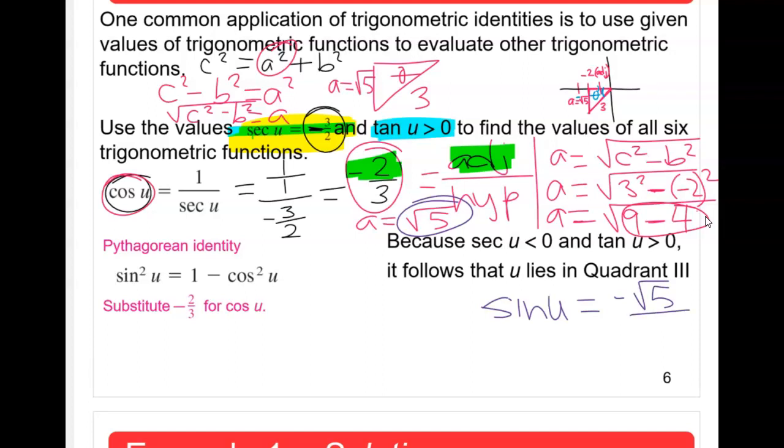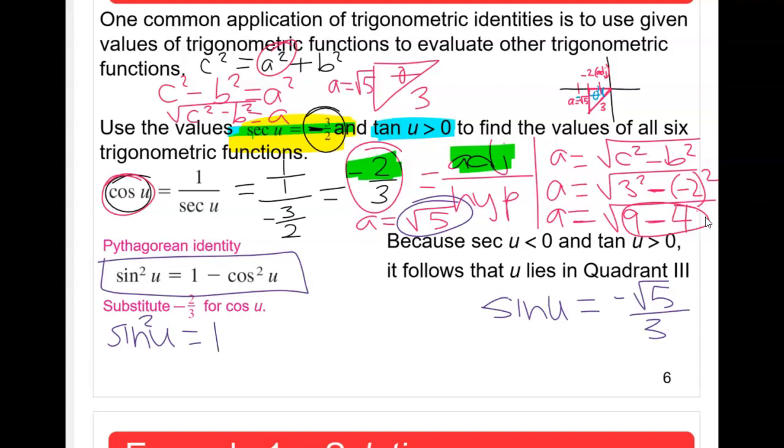The hypotenuse, or the radius, if we were looking at a circle, will always be positive. Remember that. So for the hypotenuse, that will be a 3. Now, if we were to solve this by using the Pythagorean identity, it would be almost the same. Well, it will be the same solution, but the steps, it just depends on you.